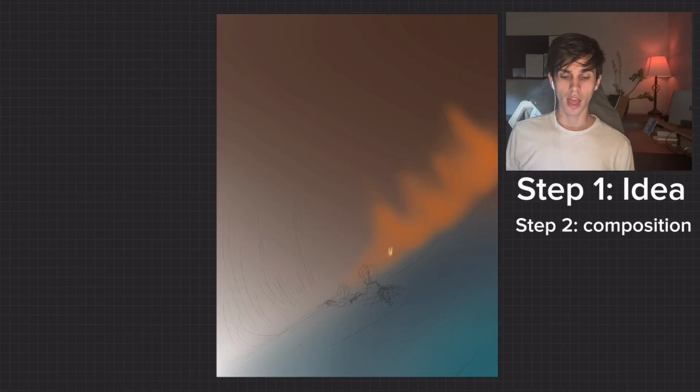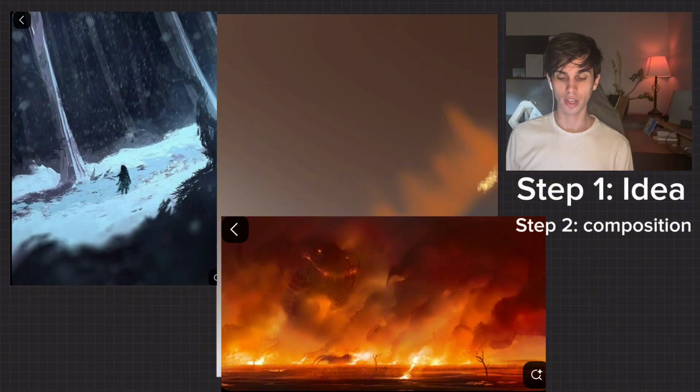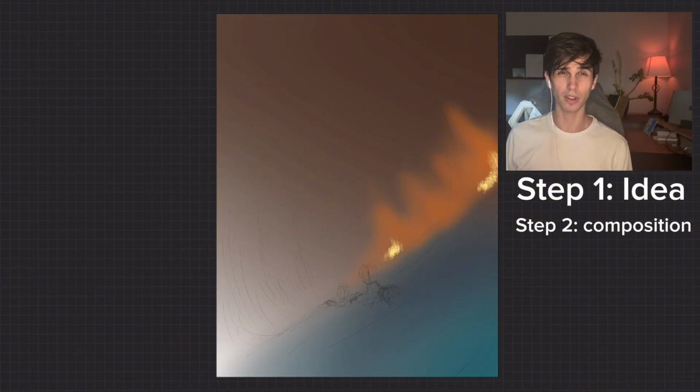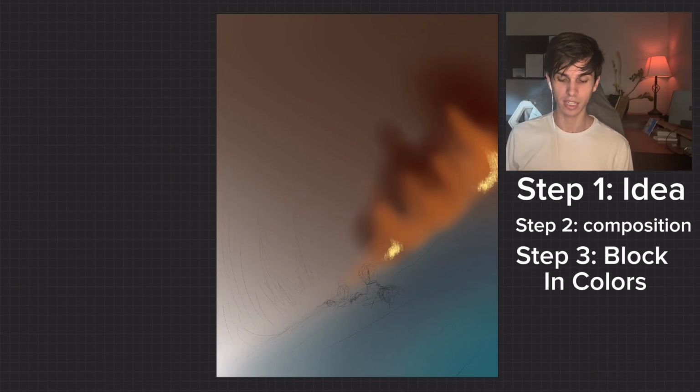After I have the Bible verse and some sort of composition in mind, I'll start making a very rough sketch, and I'll start gathering references at this point. Right here, I used these references for the composition, and for the Bible verse I wanted to make some sort of sense of danger and chaos, and to have Jesus saving the character in this art piece.